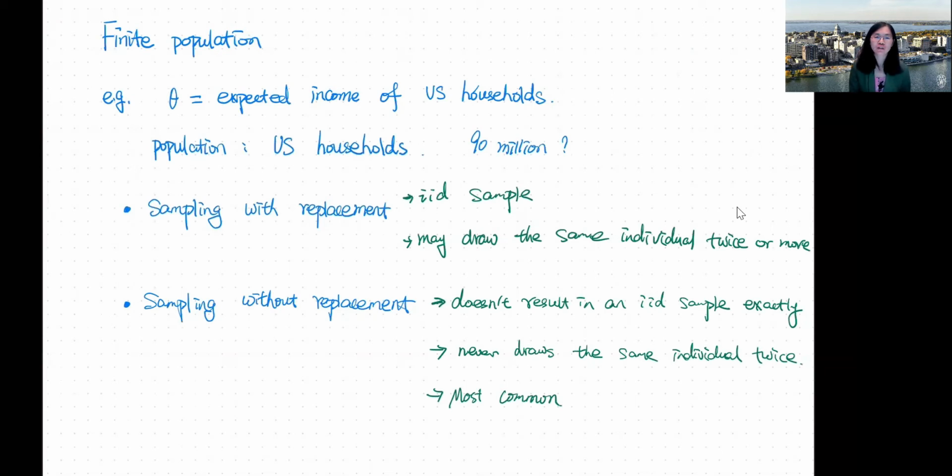When the population is so large, whether you replace the individual already drawn or not doesn't affect the remaining population much, and doesn't create all that much dependence across individuals. So even though there is this distinction, it is not a big issue in most scenarios when the population is large.